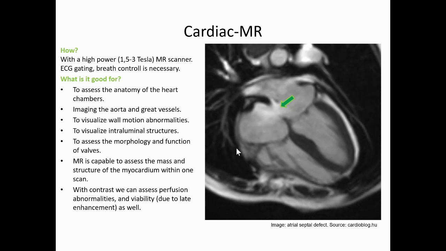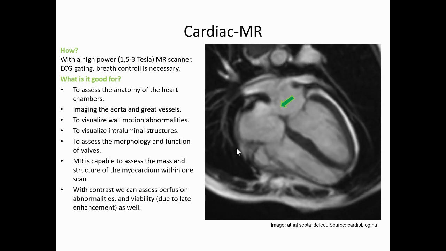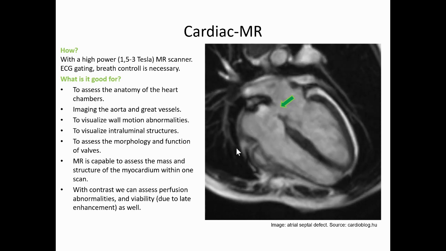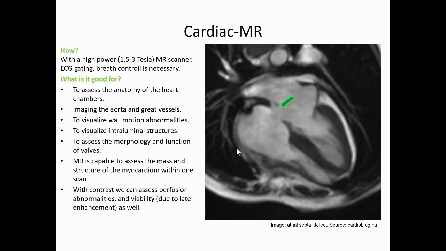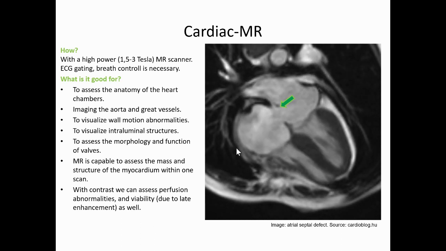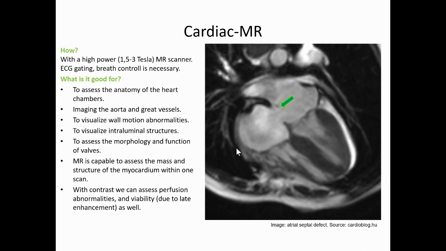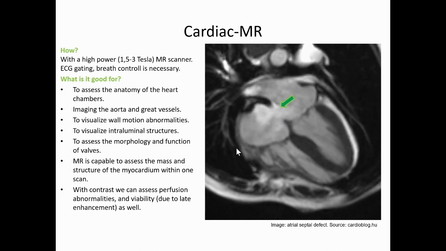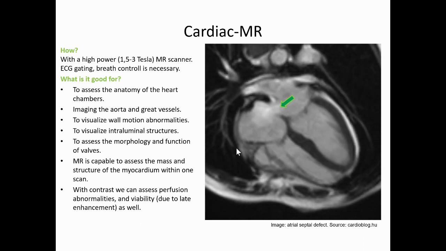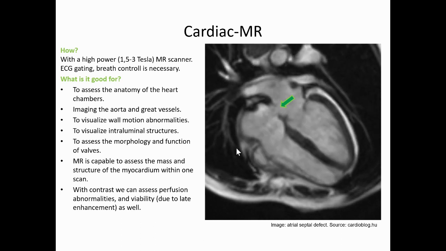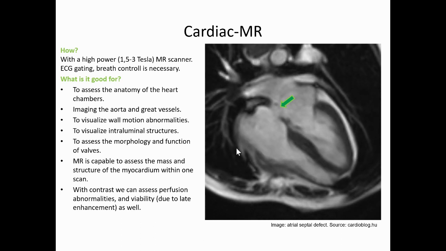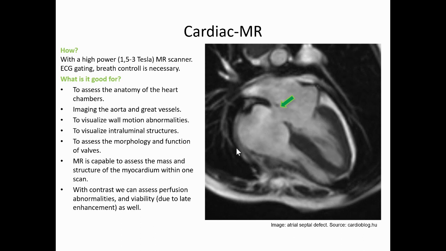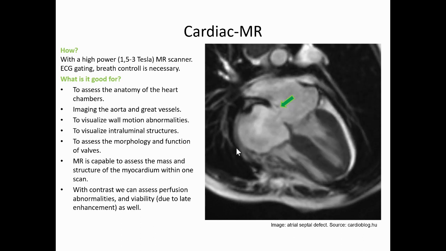Cardiac MR is a very, very powerful technique, but it needs a high-powered MR scanner, and it requires even better breath control from the patient's part and ECG gating. It's the best to assess the anatomy of the heart and the chambers.